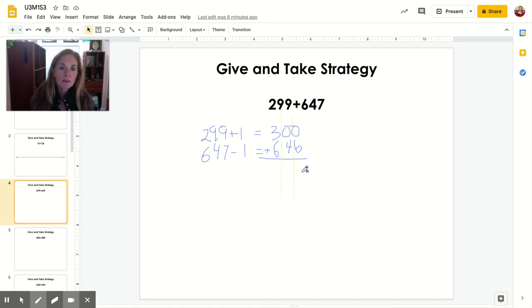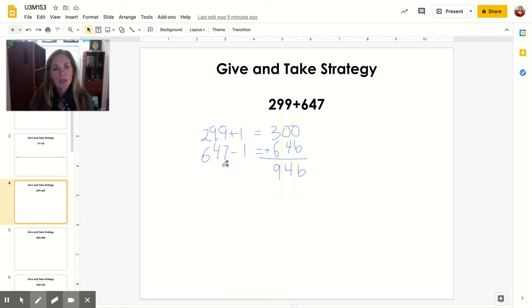So 0 plus 6 equals 6. 0 plus 4 equals 4. So we're just adding the place values, starting on the right-hand side and moving to the left. And 300 plus 600 is 900. So the answer here is 946.